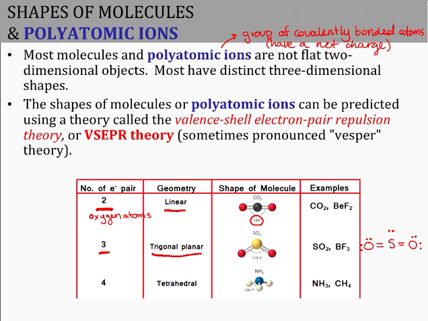So SO2 has two oxygens, one on either side of the sulfur, and a lone pair of electrons. So we're going to count the two oxygens and the lone pair of electrons as electron pairs. So we have oxygen atoms and a lone pair of electrons. So those are our 3 electron pair groups.